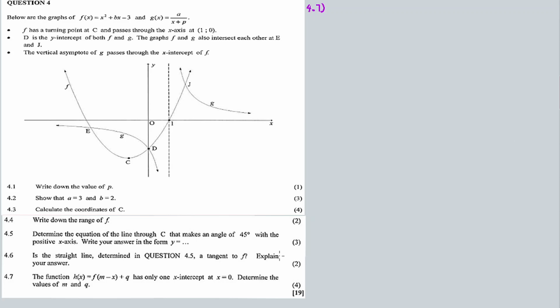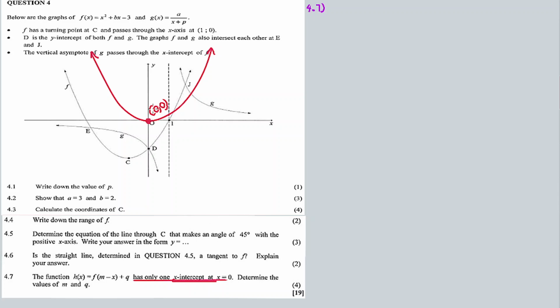And by the way, here's an important point. The function h has only one x-intercept at x equal to 0. That means our function is somewhere here, and it passes through the origin, because the only place where the x-intercept is at x equal to 0 is at the origin.